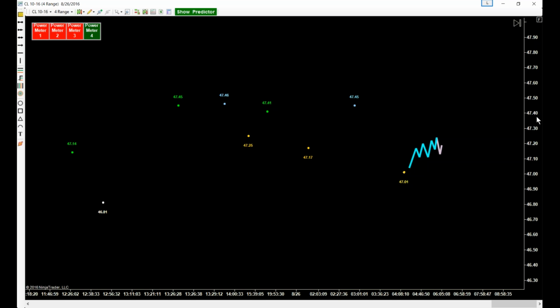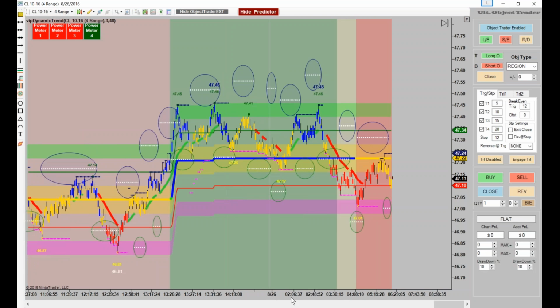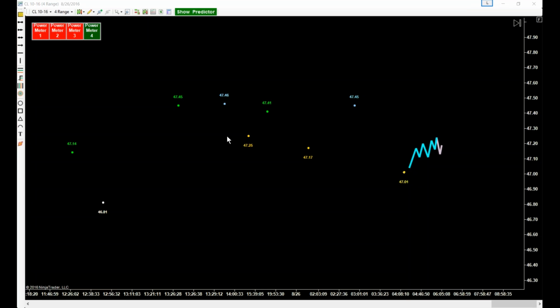I'll throw up a chart of oil, for instance, which I'm getting ready to trade. I want to get away from the stuff that can be a little more confusing when you see prices all over the place. But the beauty of this chart is that it's the same chart, and it shows me where we've actually been so far.